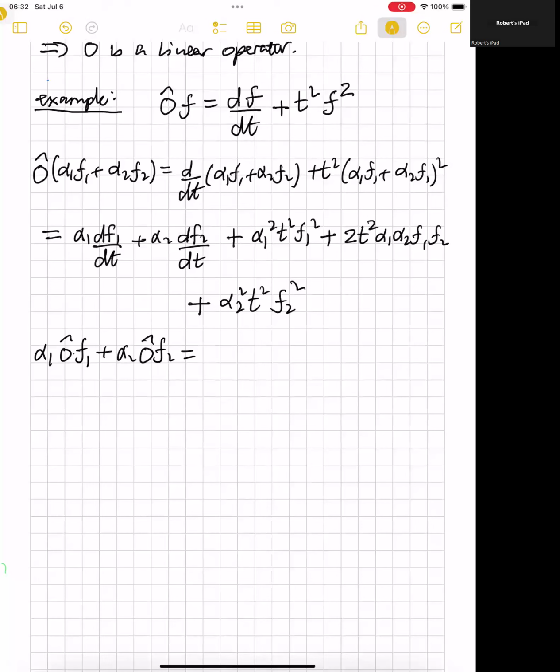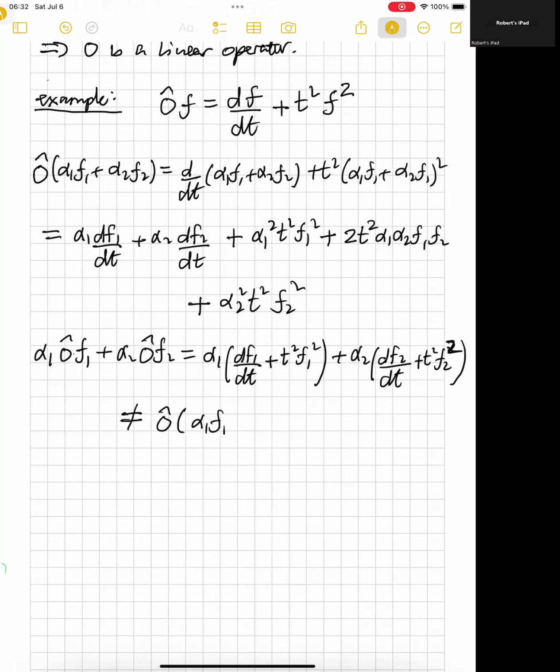And let's see what this is. Well, this is going to be alpha 1 df1 dt plus t squared f1 squared plus alpha 2 df2 dt plus t squared f2 squared. And what you can see is this is not equal to O hat acting on alpha 1 f1 plus alpha 2 f2.